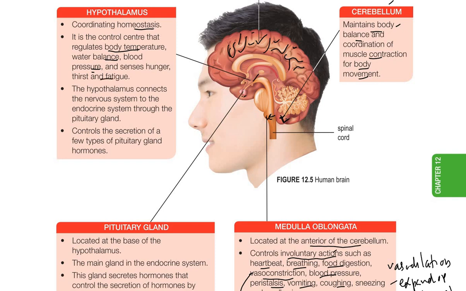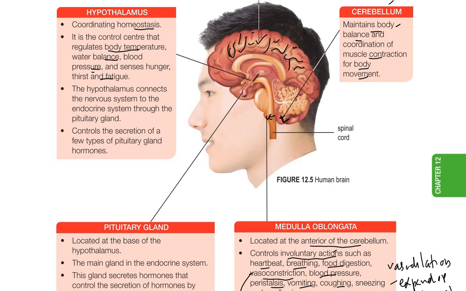For example, if our body temperature is higher, the hypothalamus will conduct homeostasis to make sure that our body temperature decreases, maybe through a certain action such as sweating. So this is homeostasis.